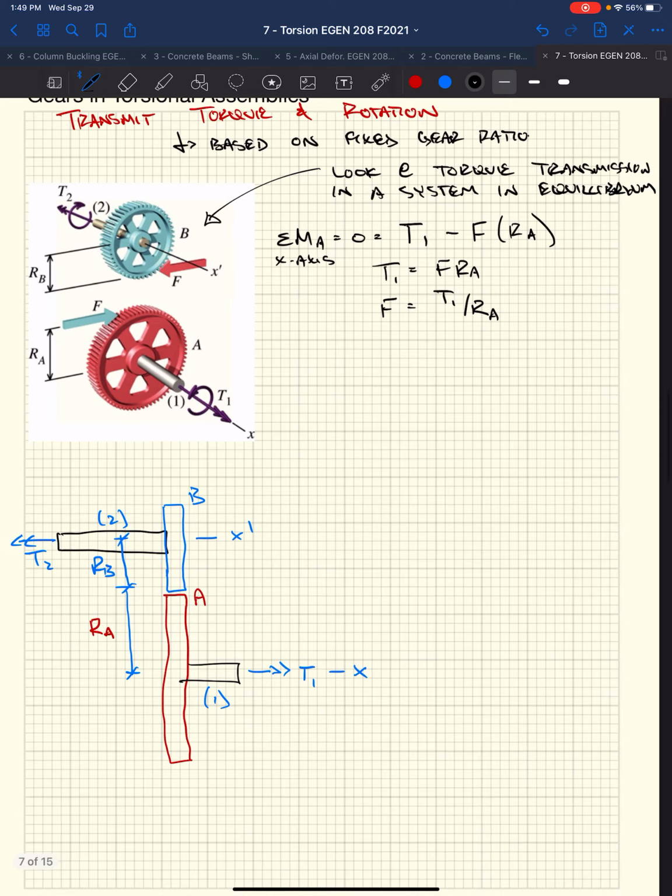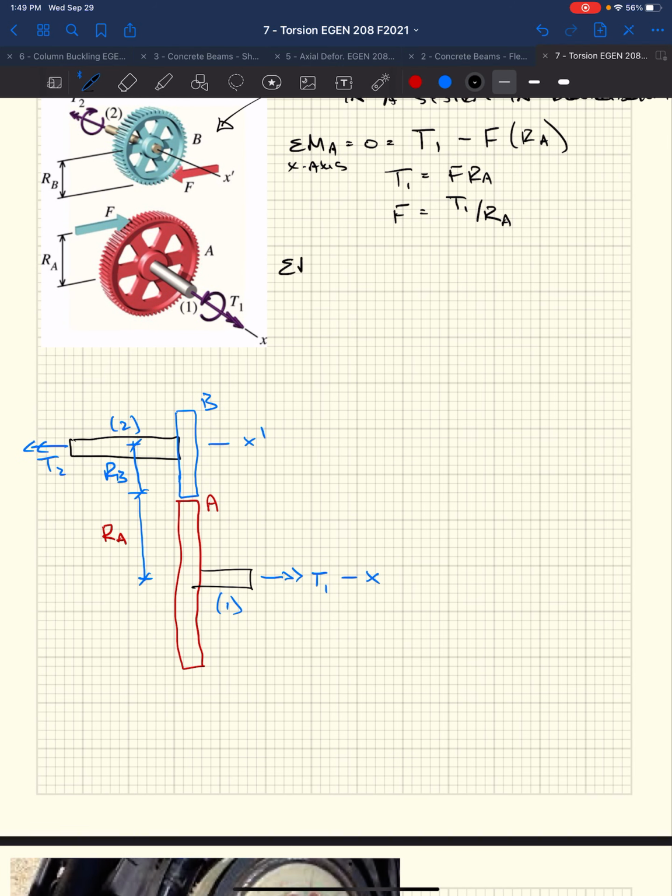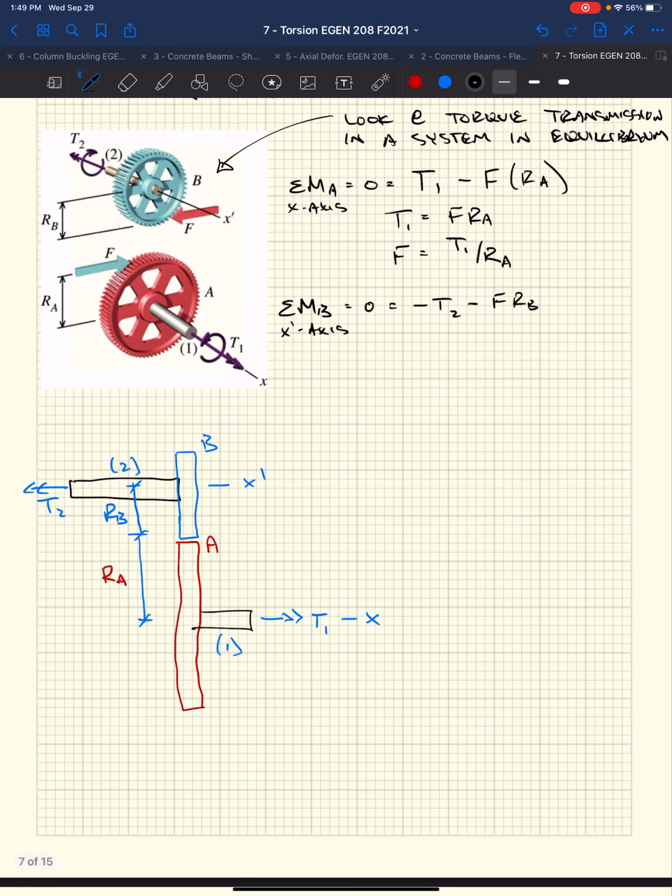Well, if we do that same thing at B and do it about this x prime axis, we're going to say that equals 0. We're going to get negative T2 minus F times RB. Everybody get the signs there? T2, outward normal, okay?